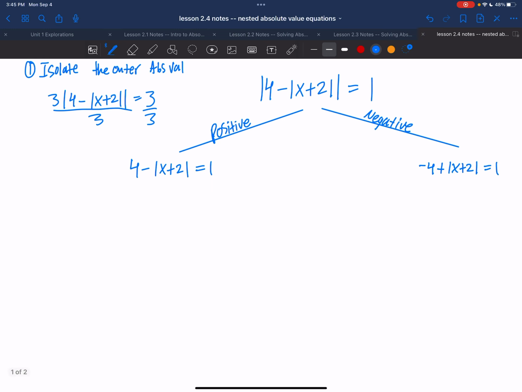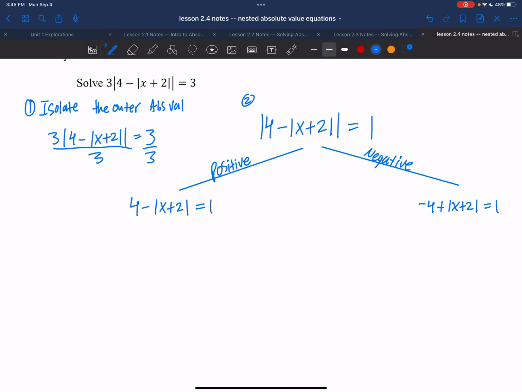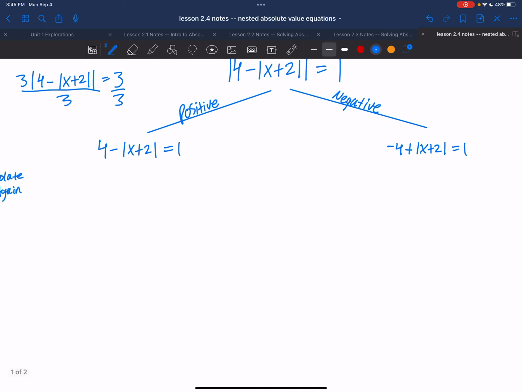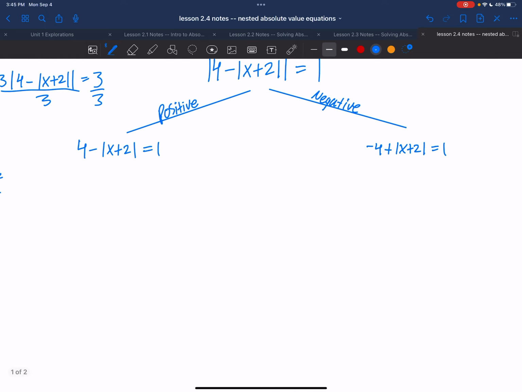Now here, step 2, so this was step 2, two cases. Now step 3 is isolate again. Now you have two cases with absolute value, and you're pretty much back to normal.